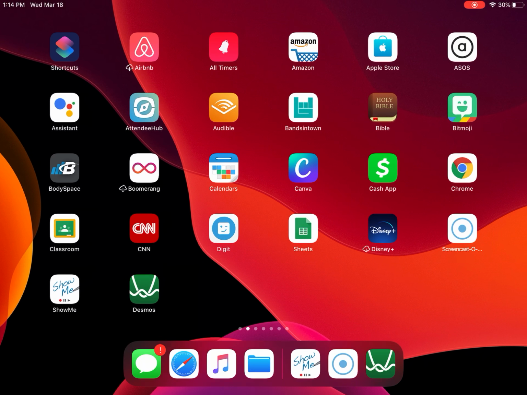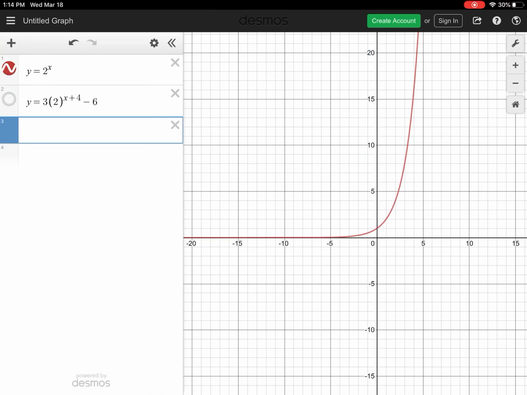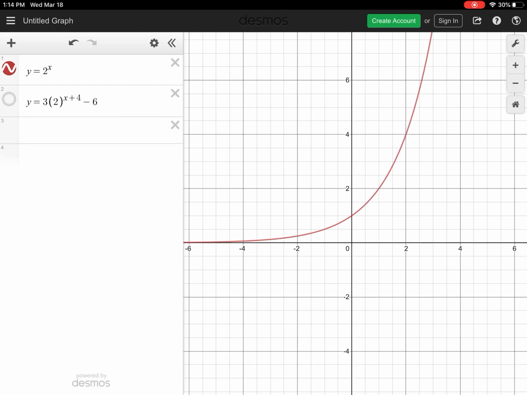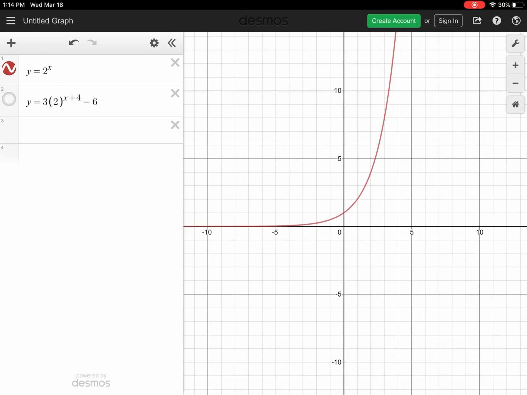So let's go there. Let's make that small for a second. So here's the parent function in red, y equals 2 to the x. That's what it looks like. It always goes through 1 as the y-intercept originally before we do anything to it.